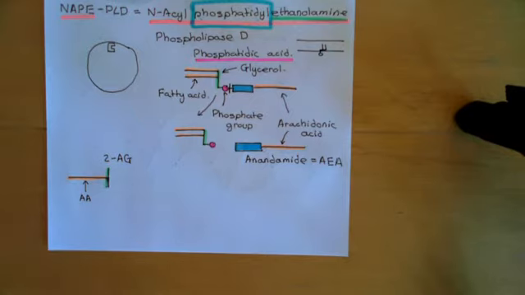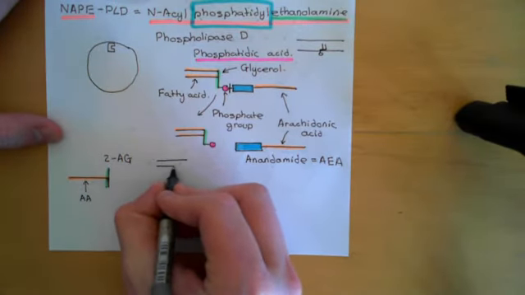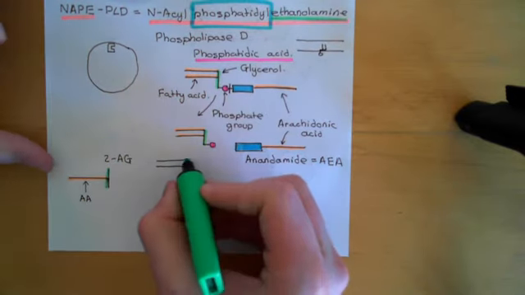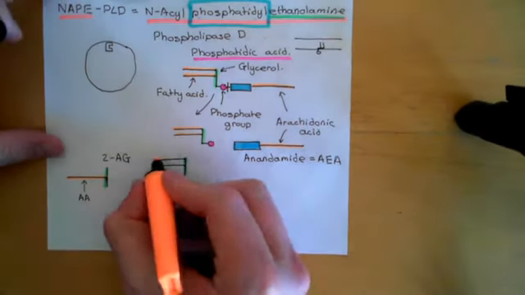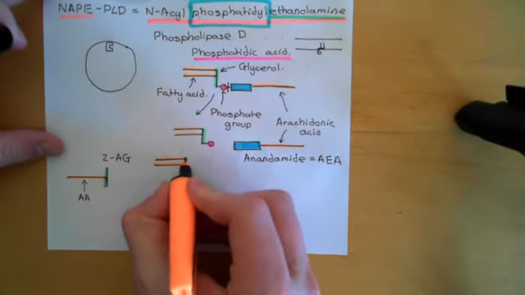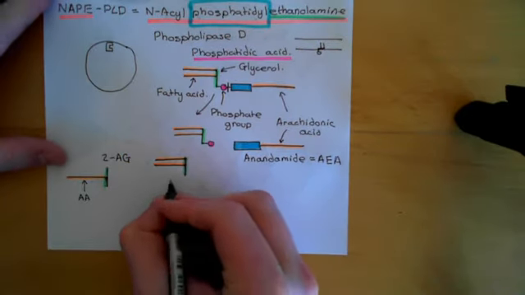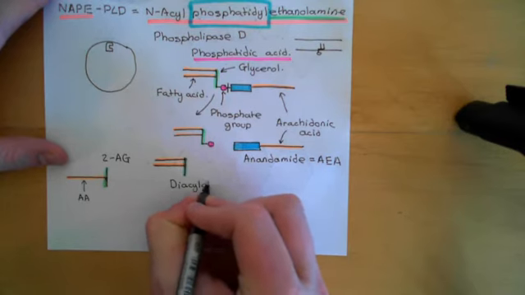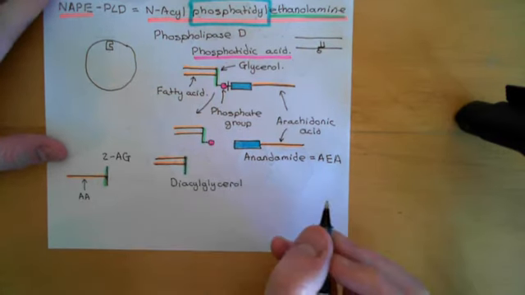So how do we produce this then? Well, we produce it from diacyl glycerol molecules. I'll show you a diacyl glycerol molecule here. A diacyl glycerol molecule is just a glycerol molecule with 2 long-chain carboxylic acids attached to it. Like so. So this molecule here is diacyl glycerol, and you have diacyl glycerols present within the phospholipid bilayer.